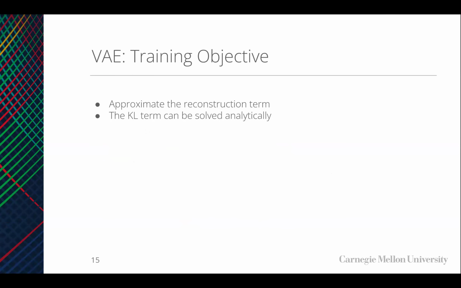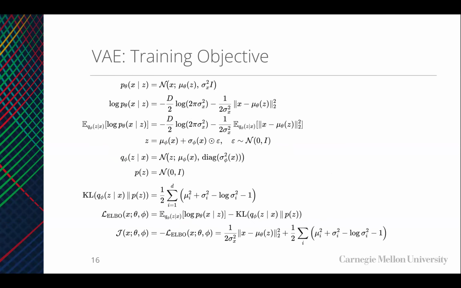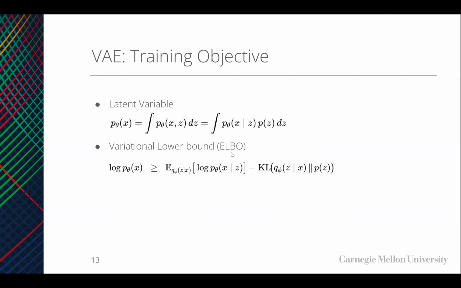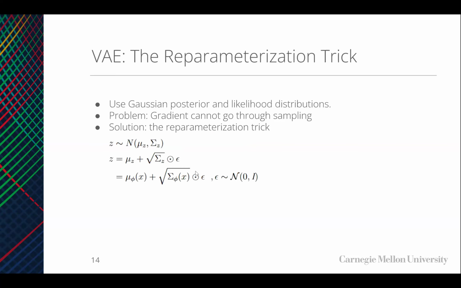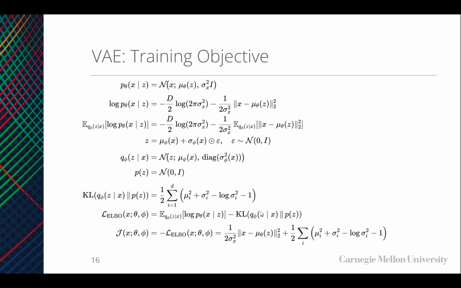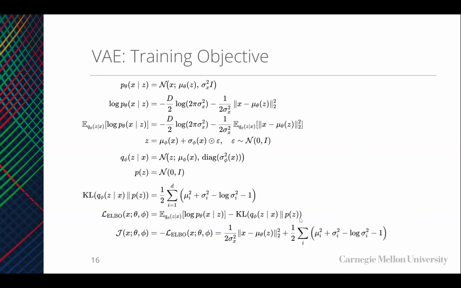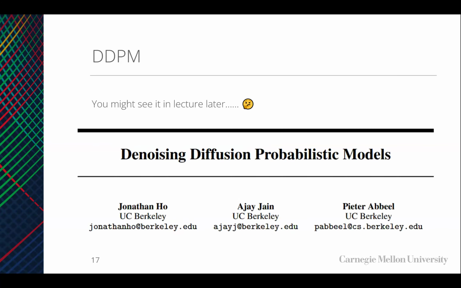So it is equivalent to maximizing the negative of the part on the right of the inequality, and you can again do a lot of math derivations to figure out that this term can be worked out to be something like this. And the KL divergence can be solved, so you do not need to do any approximations. And so this is the final objective. And keep that in mind.